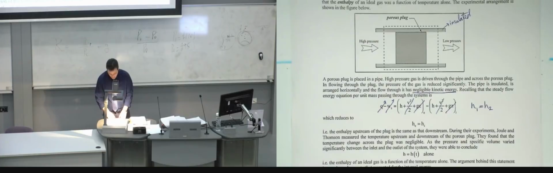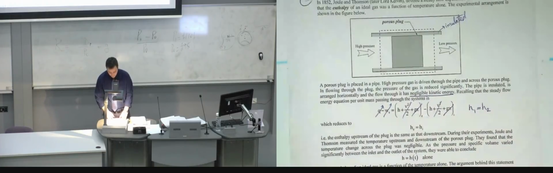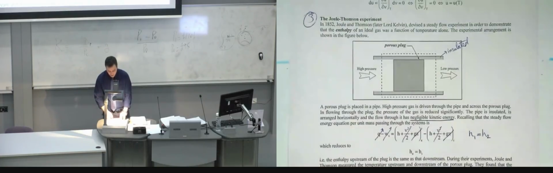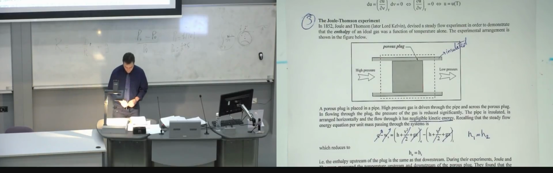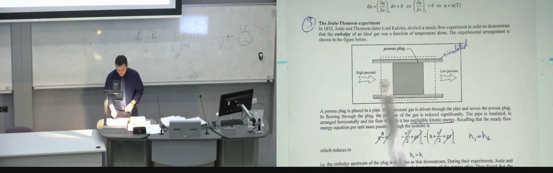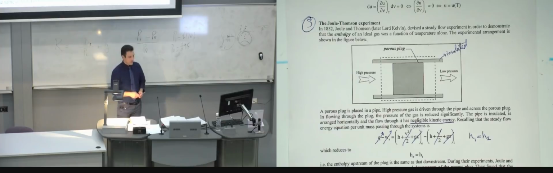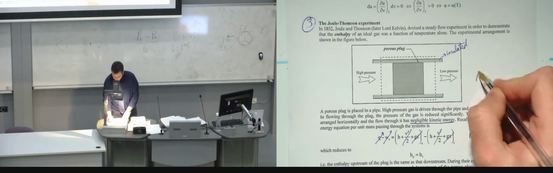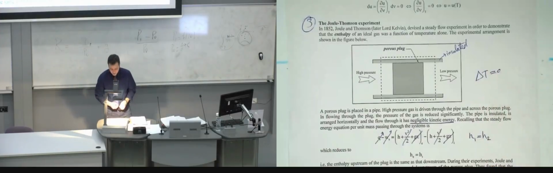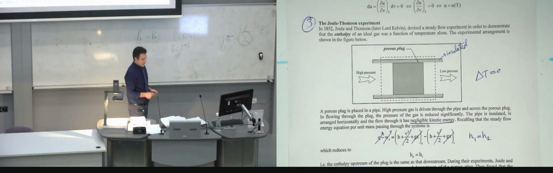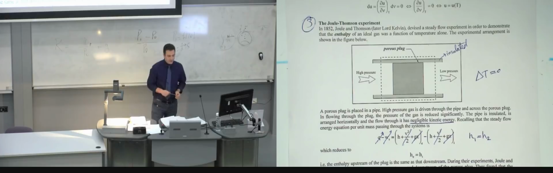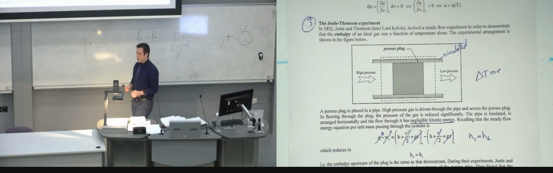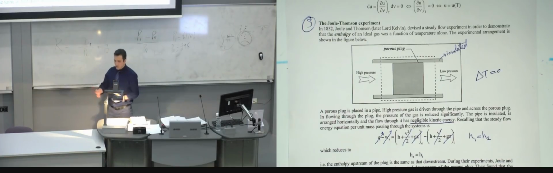Again, in this experiment, there was no change in the temperature, which means the temperatures before and after the porous plug were exactly the same. So delta T again was equal to 0, which meant that H can't be a function of the pressure, because pressure changed, obviously, from point 1 to 2.